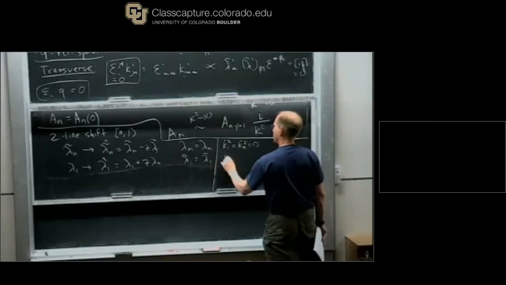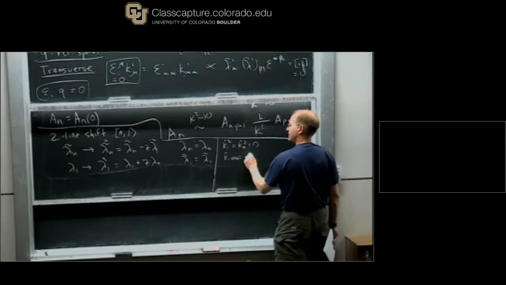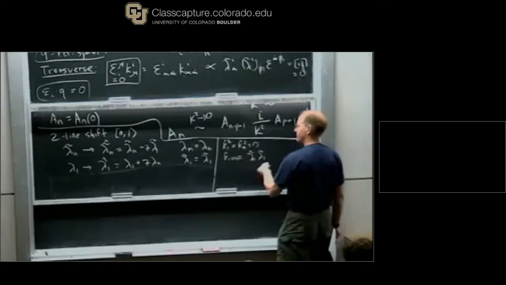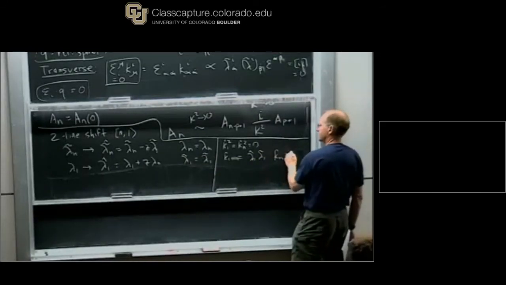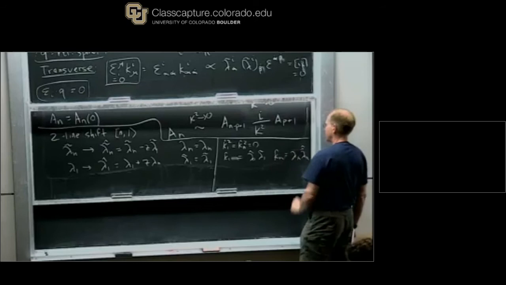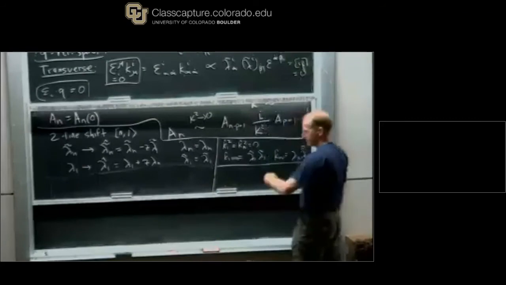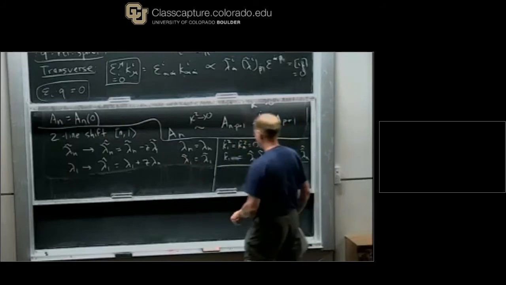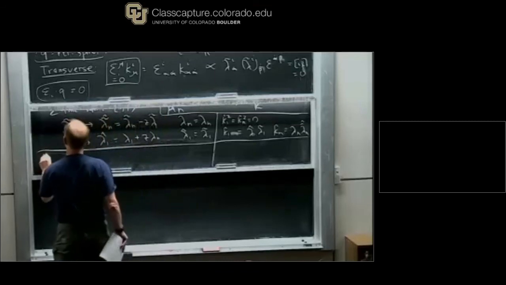So k1 hat is just the new lambda 1 hat times lambda 1 tilde, but it's still factorized. Same thing for kn hat: it's the old lambda n, but the new lambda n tilde, still factorized. So when we shift the spinors, it's automatic that the external legs stay on shell. But the precise form of the shift is required to maintain momentum conservation.